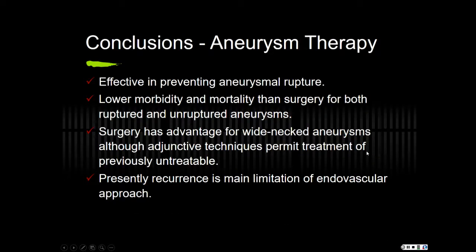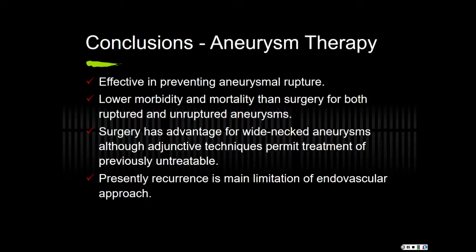So aneurysm therapy is effective in preventing rupture. Endovascular aneurysm therapy has lower morbidity and mortality than surgery. Surgery does have its advantage for that wide neck. Again, if you have a wide neck, that coil mass can uncoil.